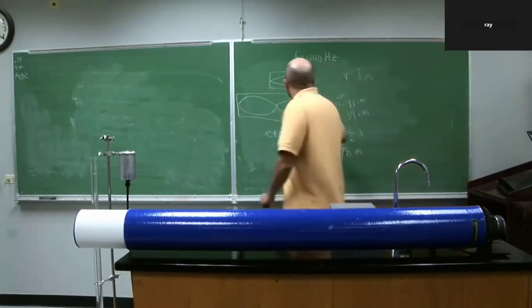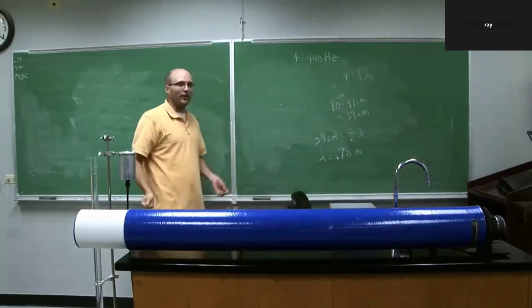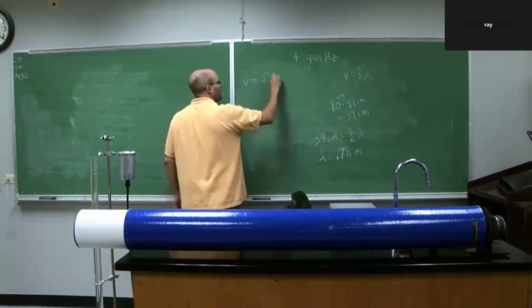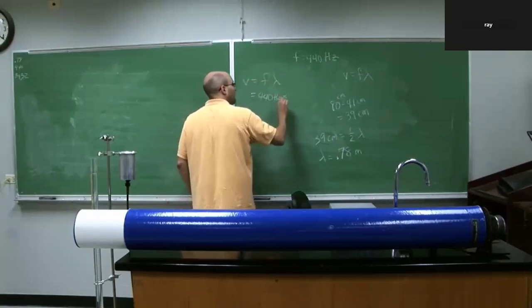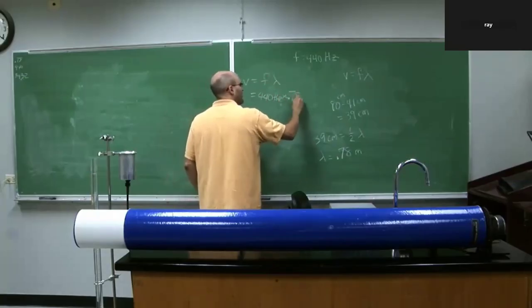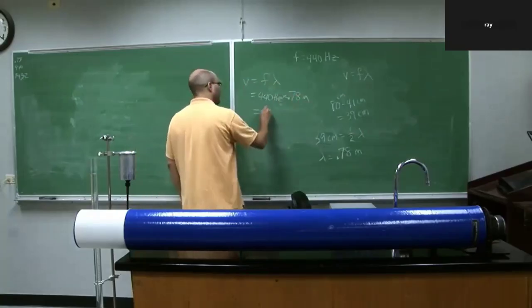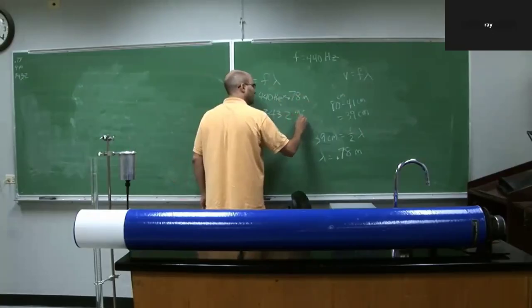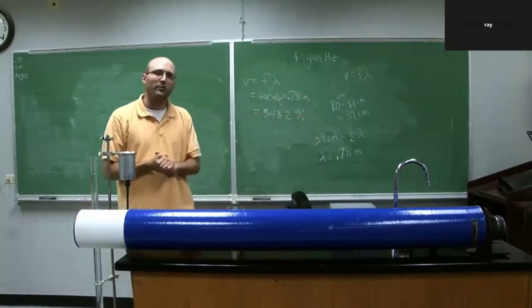Okay. So just to see if we get something reasonable here, I can make an estimate of the speed of sound. If you take 440 Hertz times 0.78 meters, if you go through your calculator and you put those numbers in, it's 343.2 meters per second.